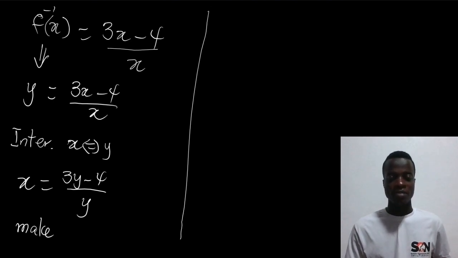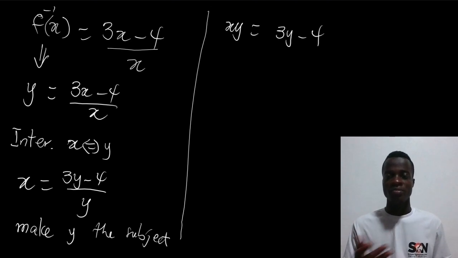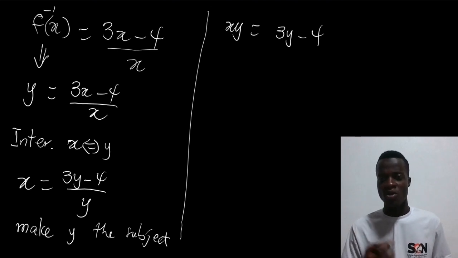Now we are going to make y the subject. This time you have to follow the process of making y the subject. So what do I have? I have xy is equal to 3y minus 4. I'm just doing change of subject by cross multiplication, in order to make y the subject, right?